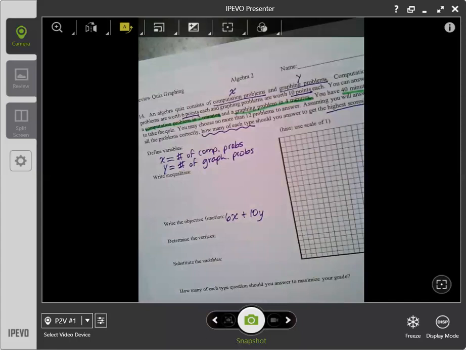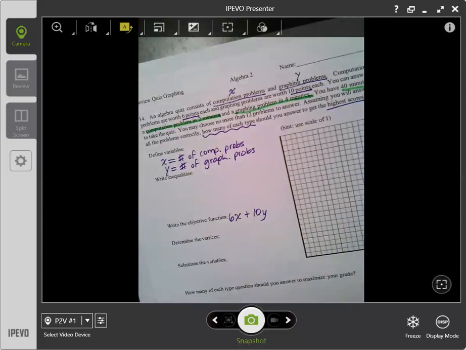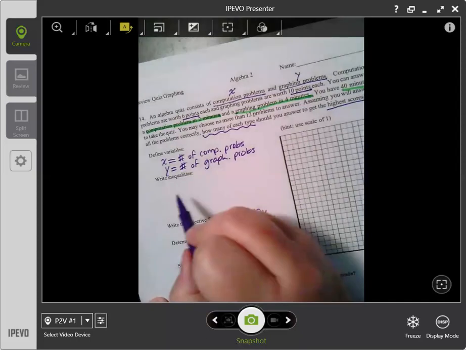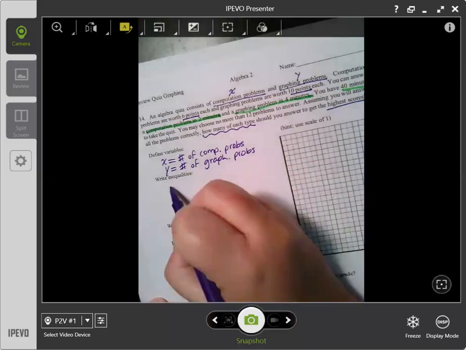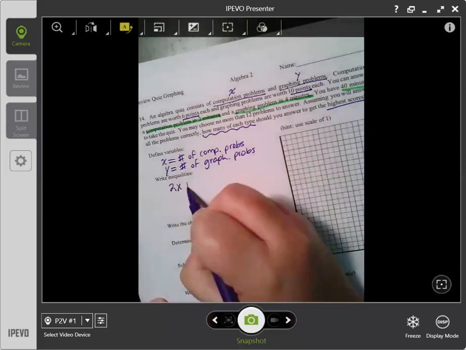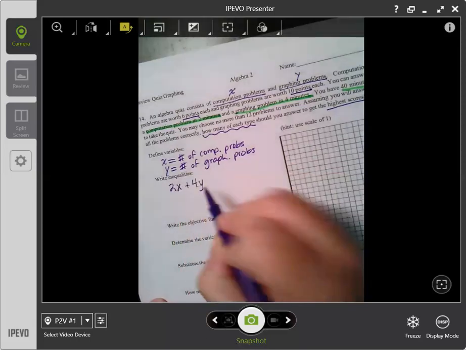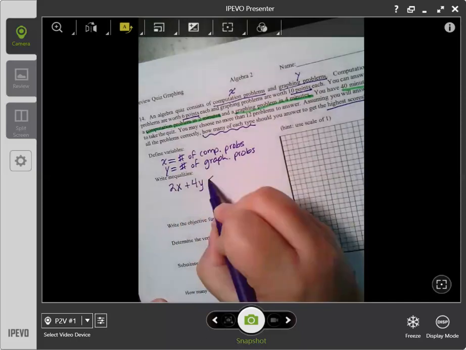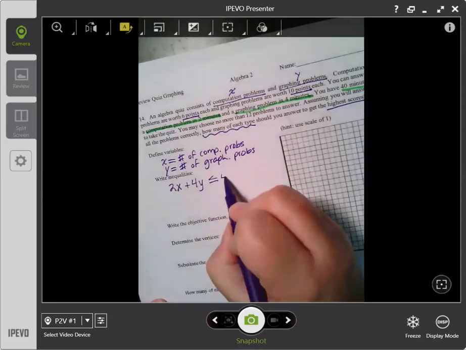That's the longest I can take, the greatest amount I can have. So I have to have less than or equal to 40 minutes taken. Computation problems, which are X, 2 minutes times the number of those I have, plus 4 minutes times the number of graphing problems I have, has to all add up to less than or equal to 40 minutes.